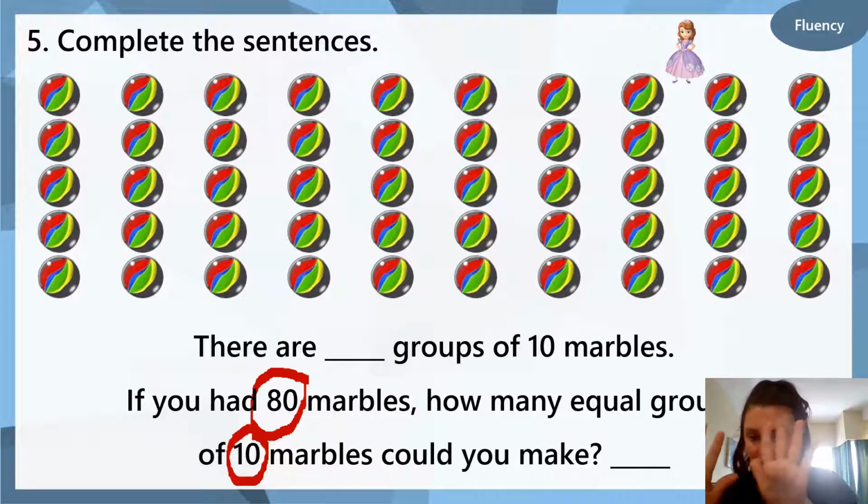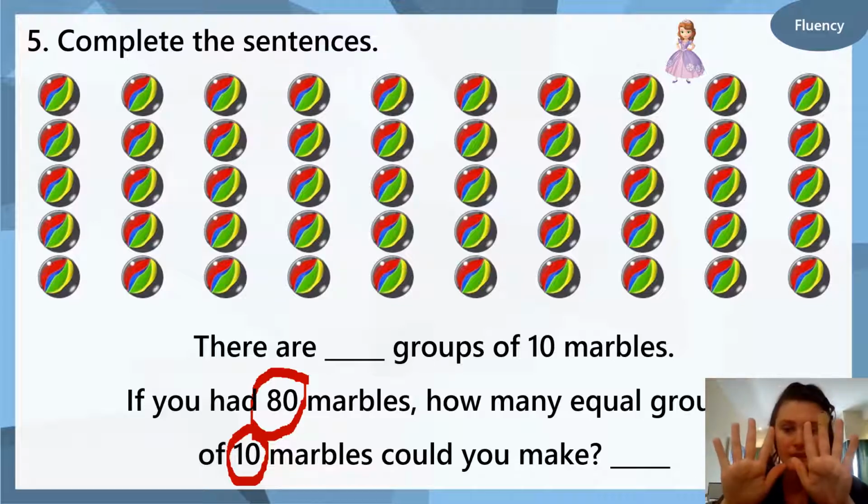So I want everyone to put their fingers up. We're going to use our skip counting and stop when we get to 80. Are you ready? 10, 20, 30, 40, 50, 60, 70, 80.